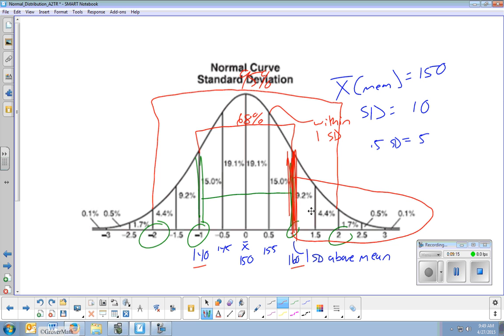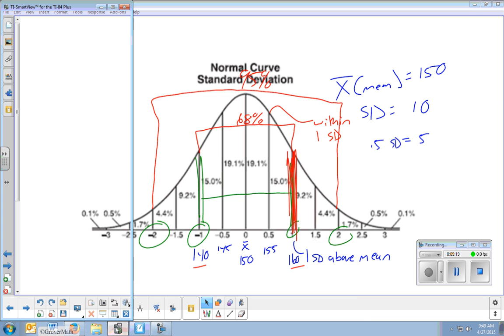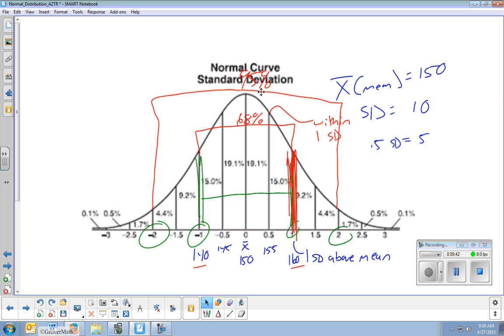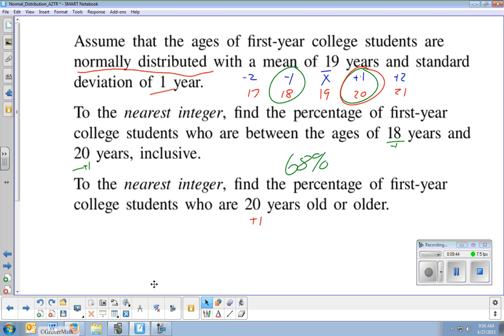We're looking at 9.2, 4.4, 1.7, and use your calculator. 9.2 plus 4.4 plus 1.7 plus 0.5 plus 0.1, plus the 13.6 comes to be about 16%. And so the answer there would be 16%.